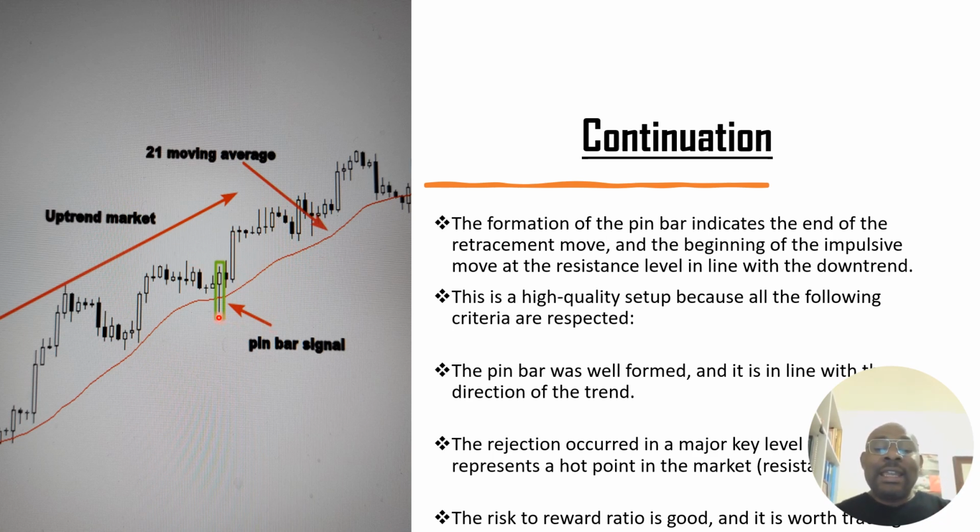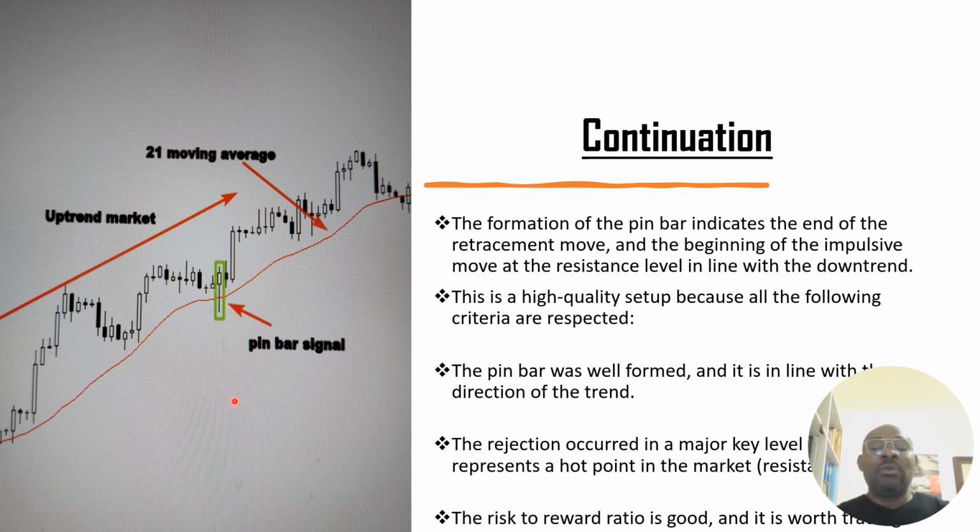If it is an uptrend, the pin bars you'll be looking at are always at the support level. But if it is a downtrend, you look at pin bars at resistance level. Keep it simple. It's very, very simple. You don't have to crack your head for nothing.